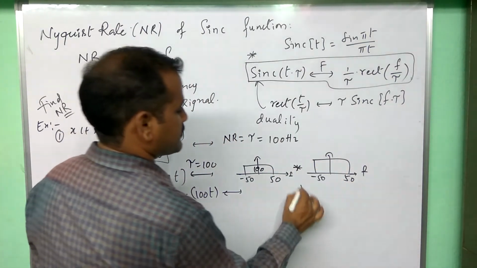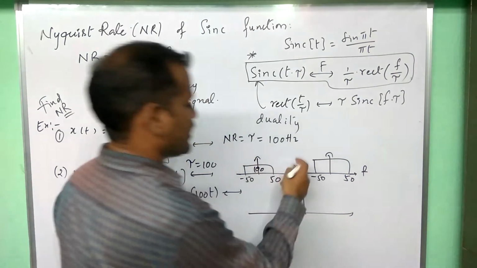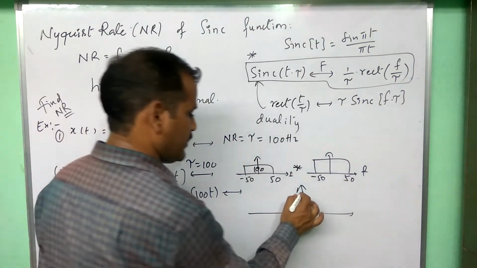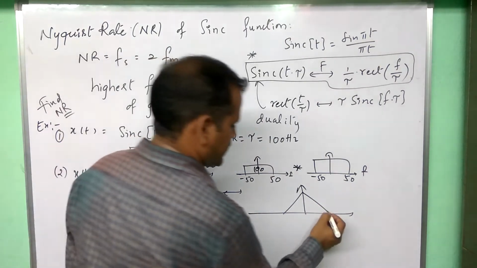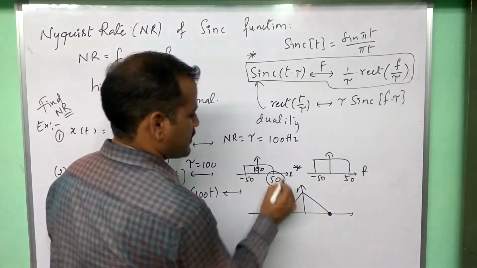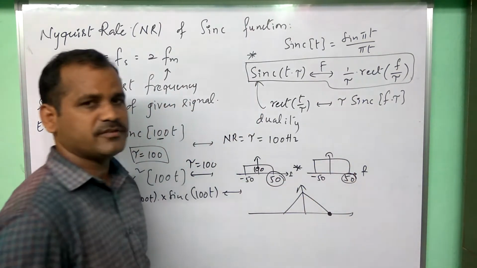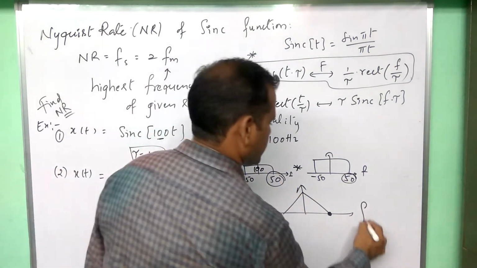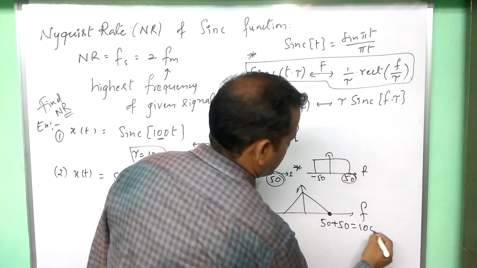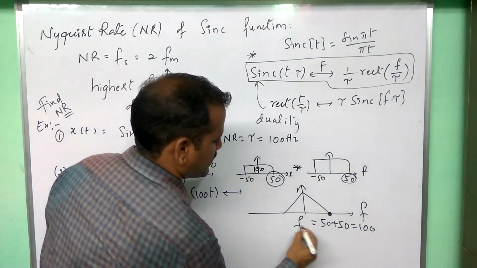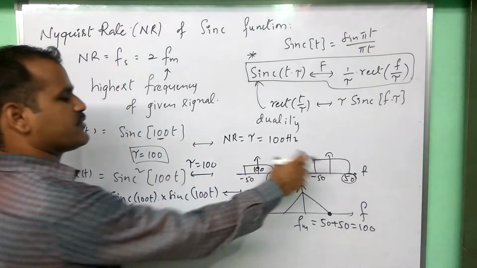The result of this convolution, generally a rectangle convolved with a rectangle, gives a triangle. Whatever the shape, it is not a big matter here. The highest frequency is the sum of the individual highest frequencies in the convolution result. So 50 plus 50 is 100. This is the highest frequency in the result of the convolution of these two.